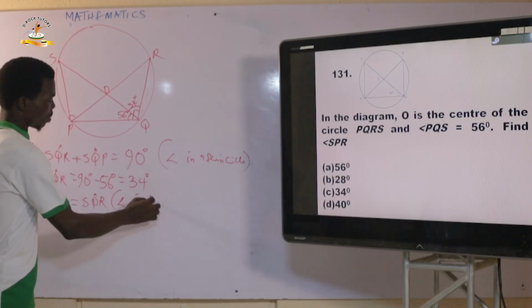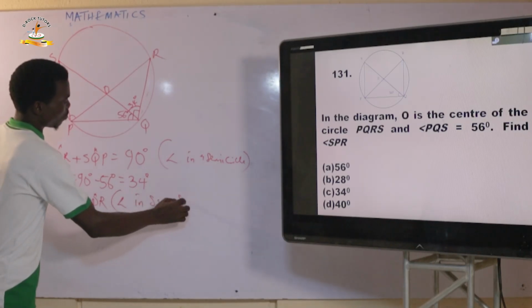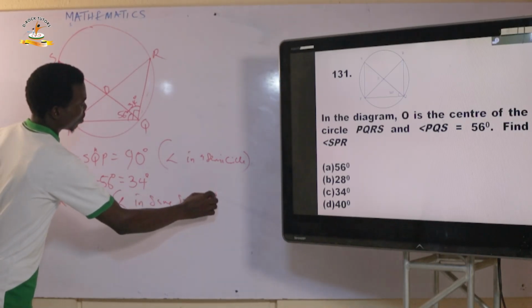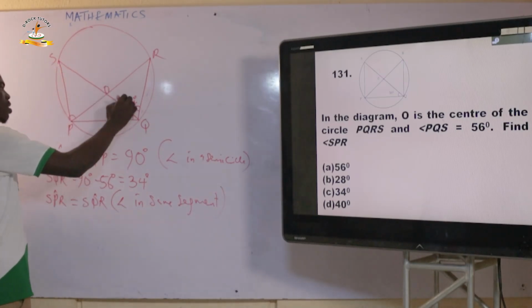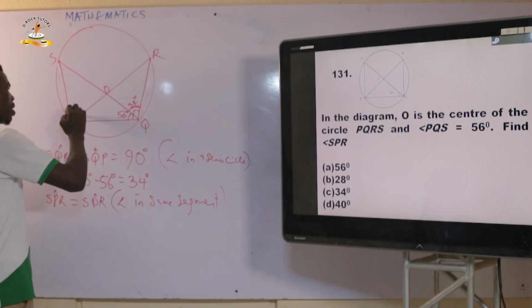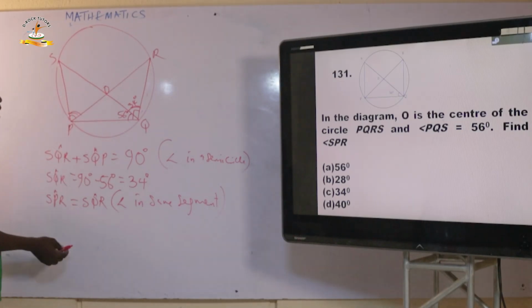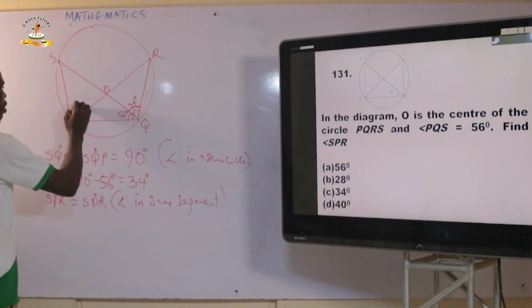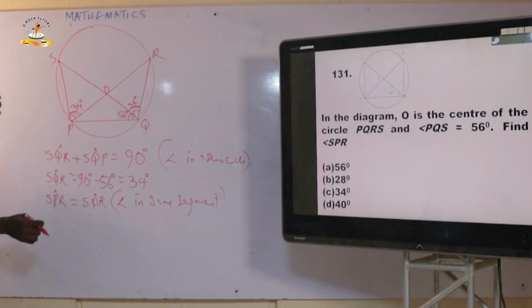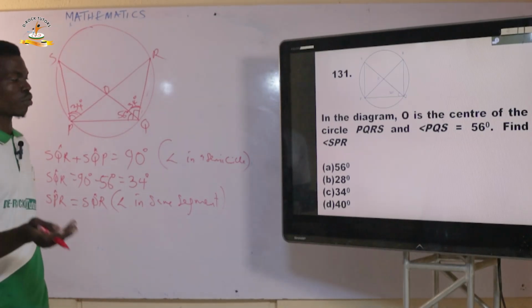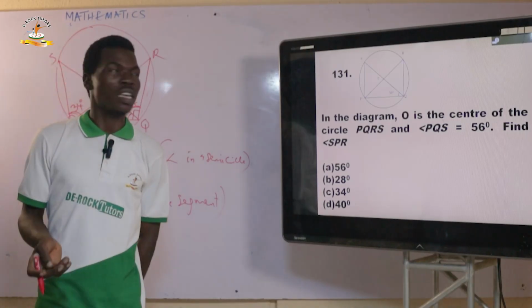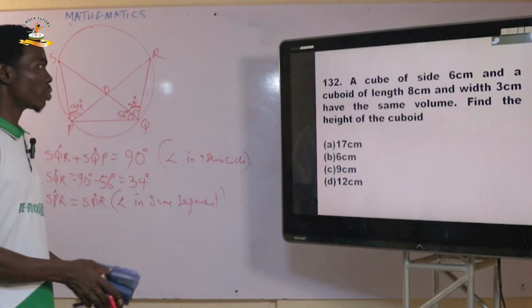Angles in the same segment. If you look at this angle here, it is the same thing as this angle here, because they are in the same segment. And as such, it really is 34 degrees. And that is what the question is actually asking for. So the correct option is Option C. Our next question.